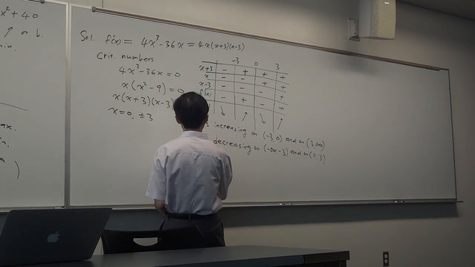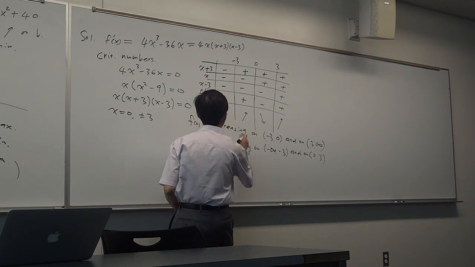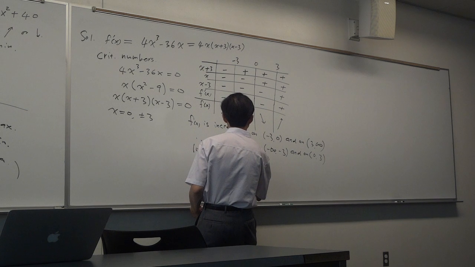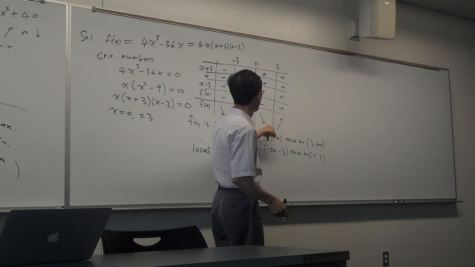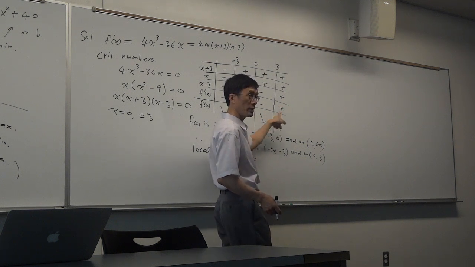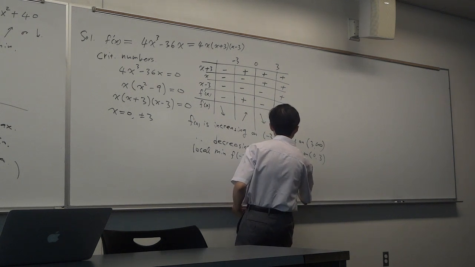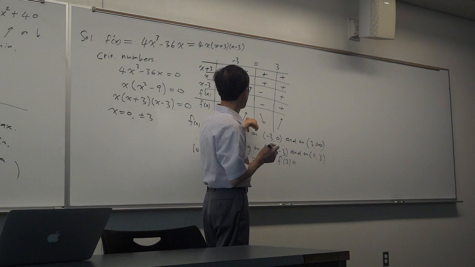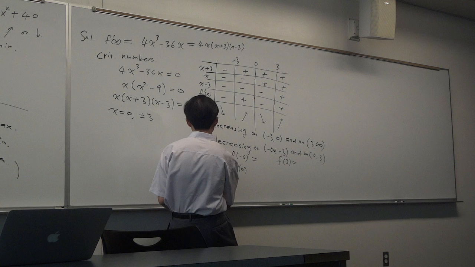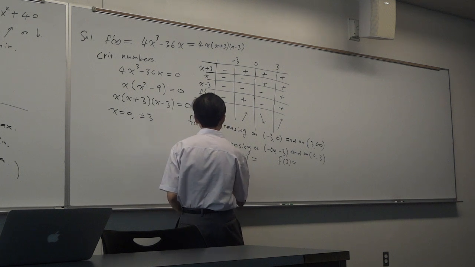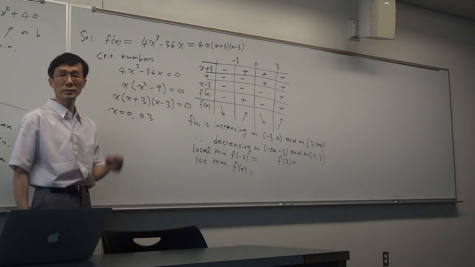So local minimum, that is f of -3, and you can compute that. I will do that in a moment. And also here it goes down and up, so f of 3 is also a local minimum. And f of 0 should be a local maximum. Local maximum f of 0, and you can compute that. Okay, question?